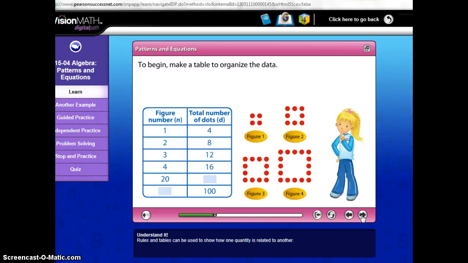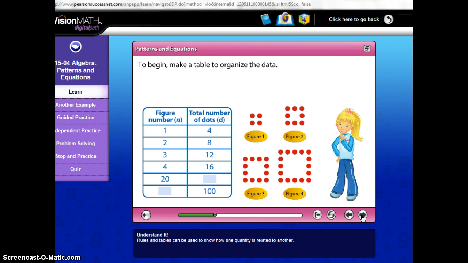What's the rule? Going from here to here, what did we do? Alexis? That's okay, I'm still going to call on you. How did we get from here to here every time? Okay, 1 plus 4 isn't 4, so right away, that's not going to work. We're going to give her a little time to think about it.